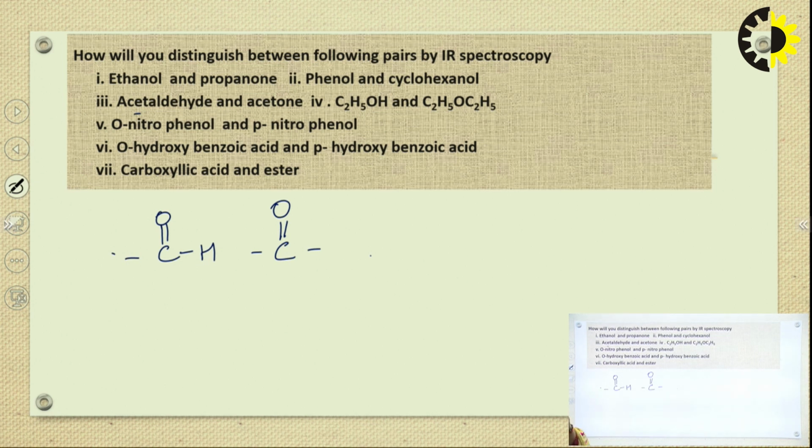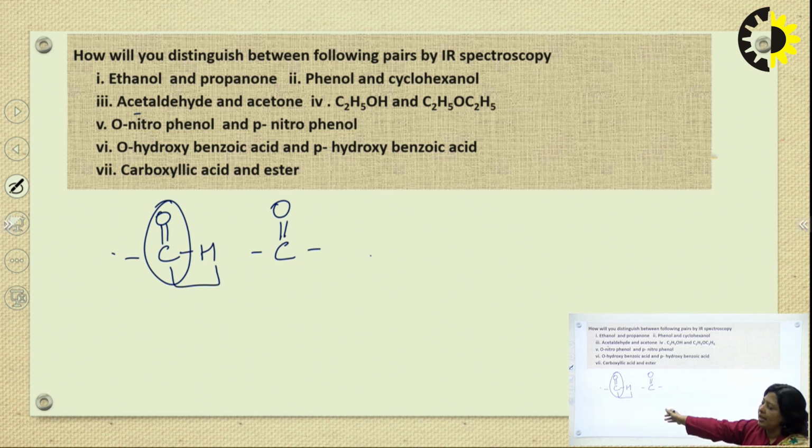So in both we find the characteristic frequency of CH3, but the CH in acetaldehyde will be downfielded, meaning it will be from the lower side of the field. Also, in acetaldehyde we get the overtone in the case of aldehyde, so by the overtone which occurs near 3400, we can find the difference.